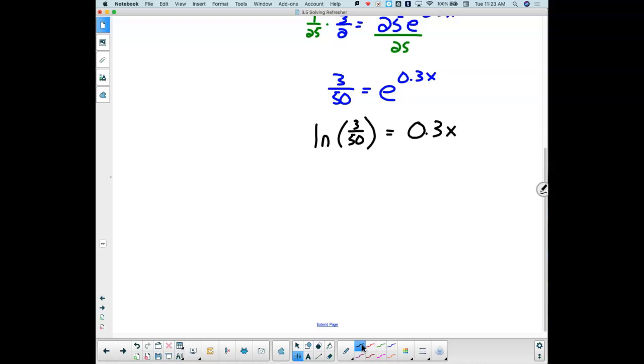Now divide by 0.3. So x here is equal to the natural log of 3/50ths divided by 0.3.